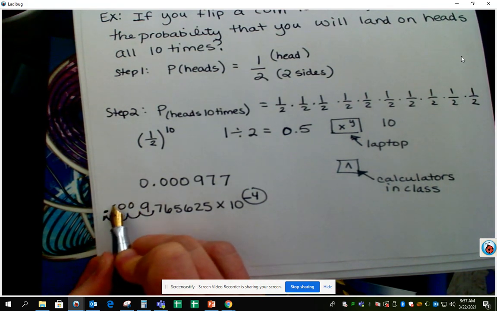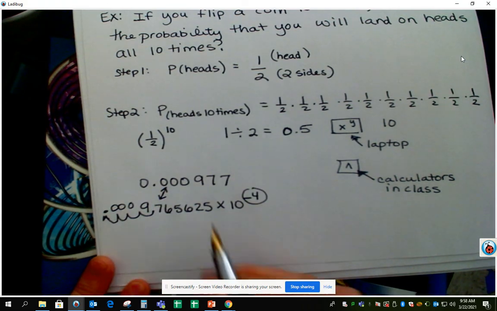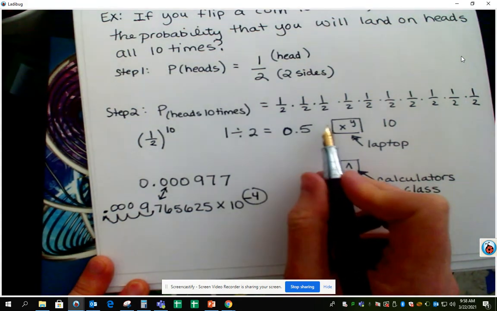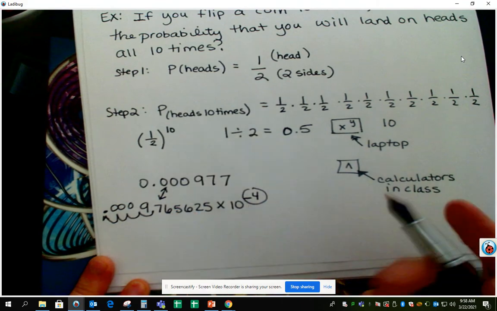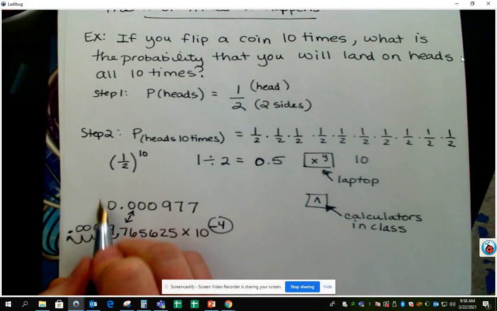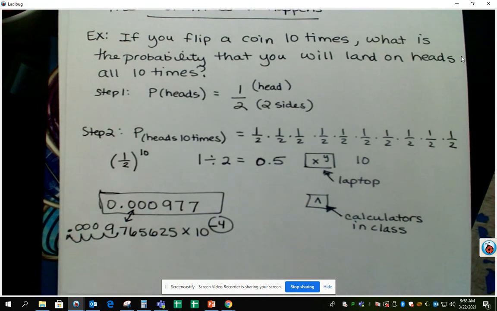Put my placeholder zeros, and you'll see that these two numbers are equal. They're the same thing. If you use the calculator in class instead of your laptop, just raise your hand. I can help you get the hang of this. I would suggest just using the laptop because it's going to give you a number that you want versus the scientific notation. I just wanted you to be aware that that may happen sometimes, and then just raise your hand and I can help you with it.